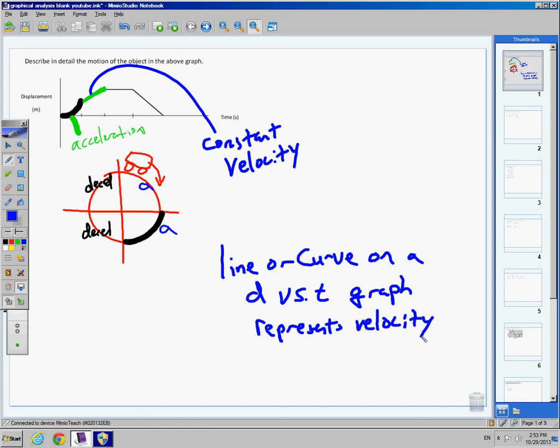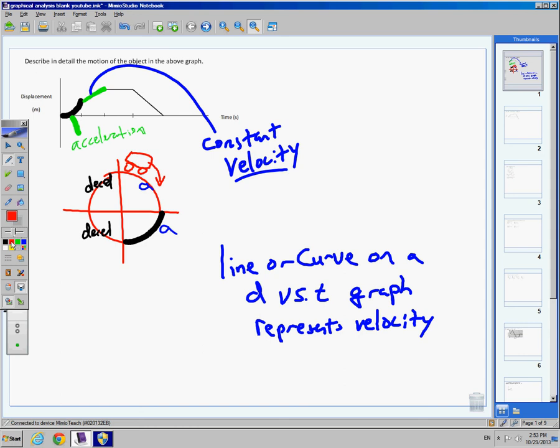Now in the first case it's a curved line, so it is increasing velocity. An object that is increasing velocity is the definition of acceleration. For the second segment, where I wrote constant velocity, since the slope of the line is not changing, it has to be a constant velocity.